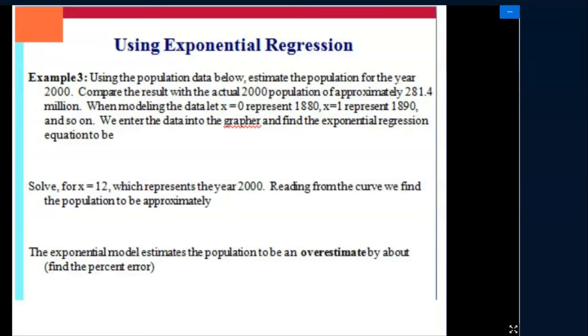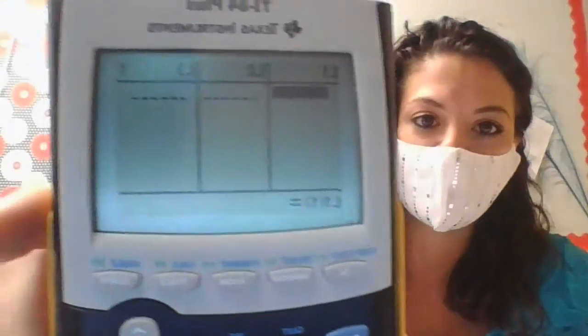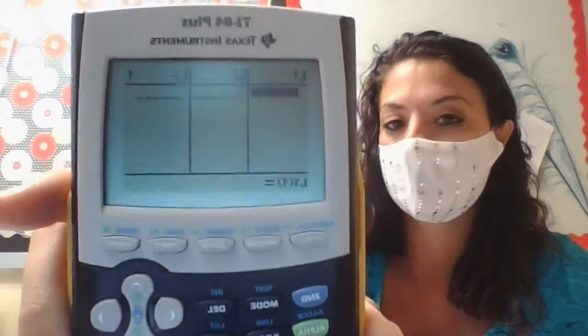You're going to go to edit. There might be data in your grapher. Just hit clear on L1 and L2. So when you hit stat, edit, and clear, you want your graphing calculator to have nothing on L1 and L2. And then we're going to enter in our data.